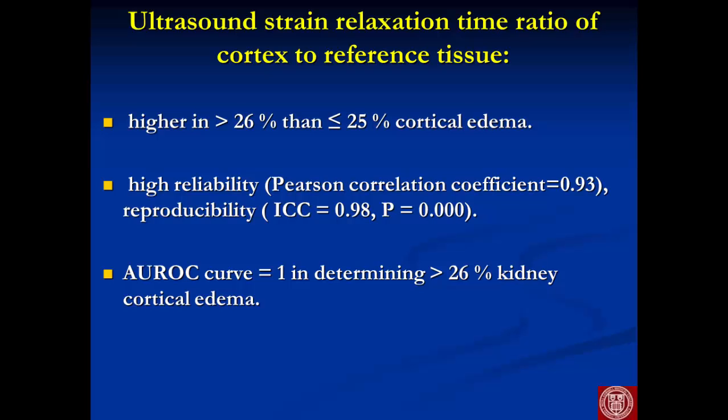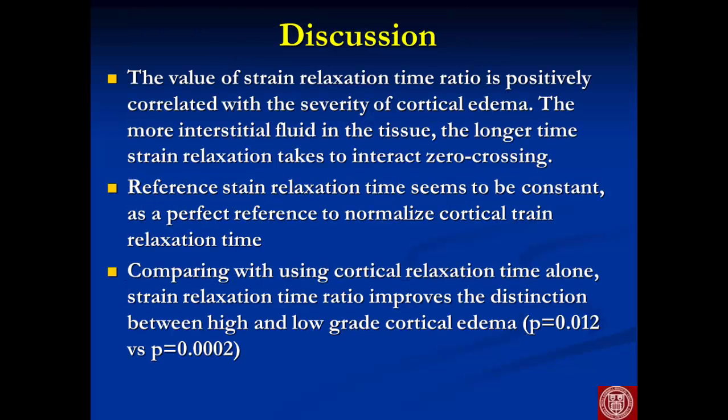Area under the ROC curve is 1 in determining greater than 20%, that's a higher grade renal cortical edema. It's difficult to believe the area under the ROC curve is 1, but that's our result from this small group of the population.